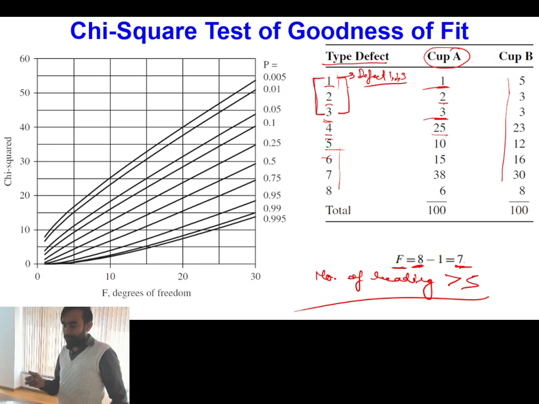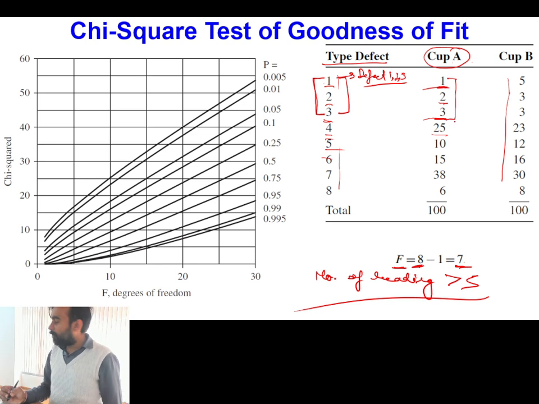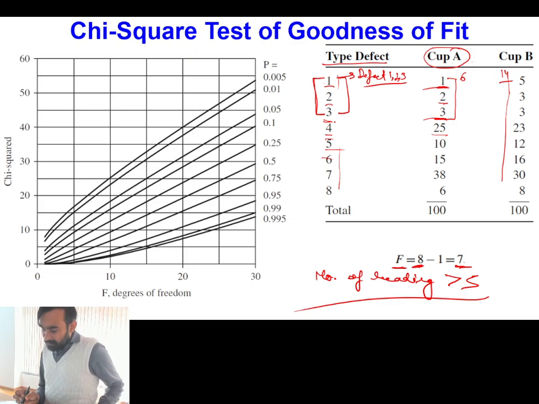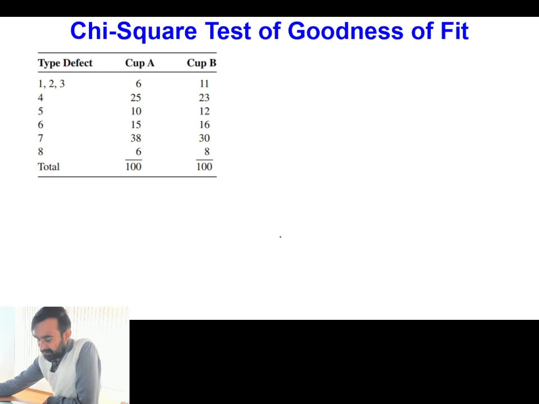If we do so, we will sum up all these values and my ultimate number will come out to be 6 and this number will come out to be 14. Okay, but the number of readings in this sample will decrease from 8 to 6. Is this one clear?